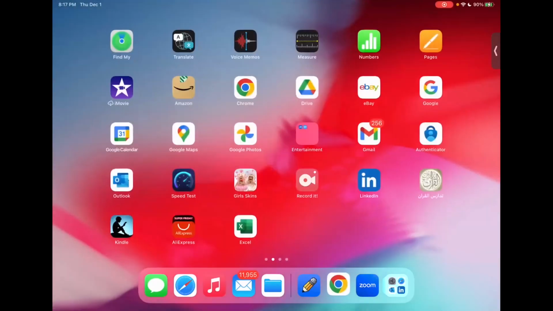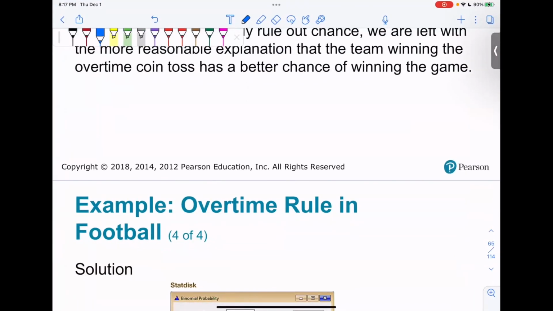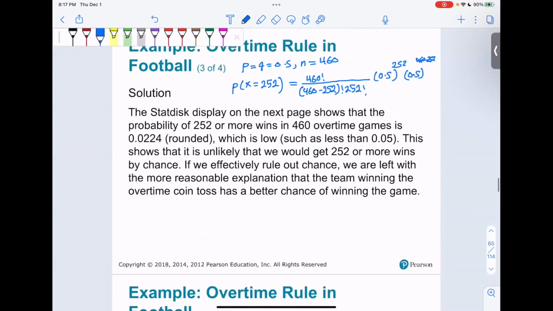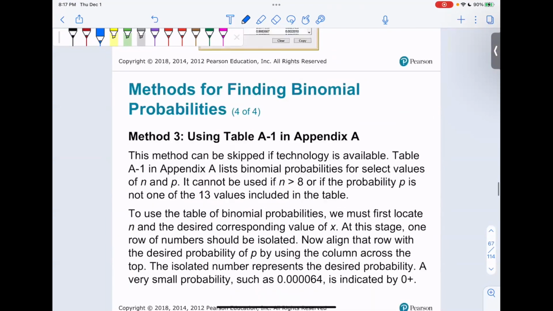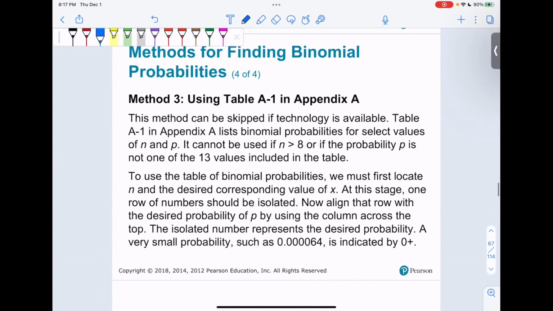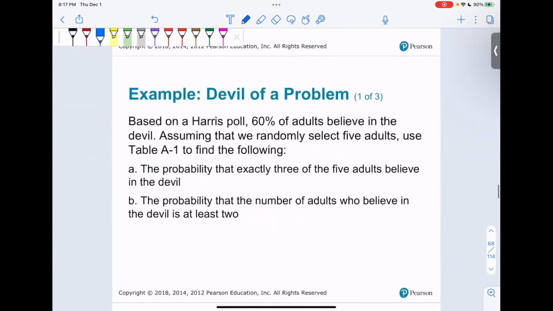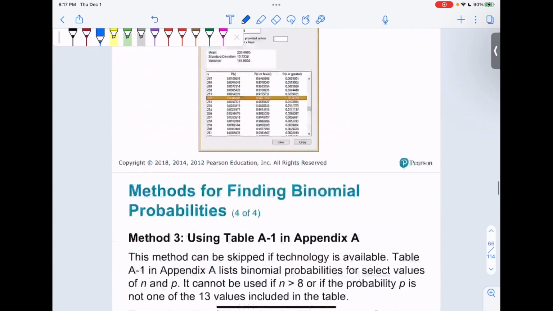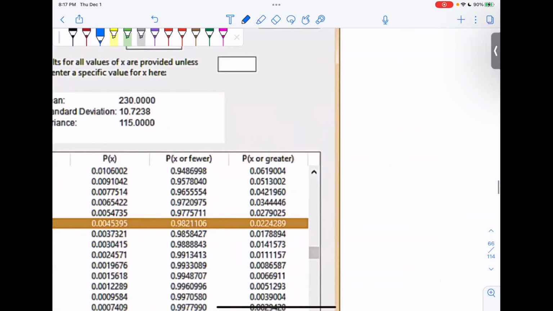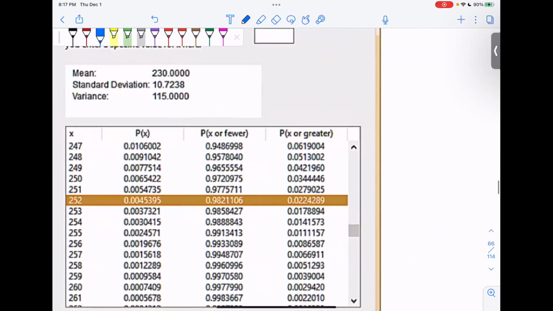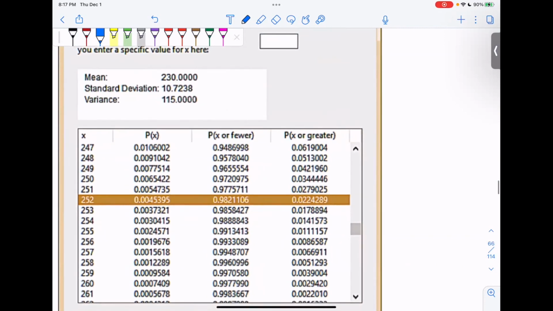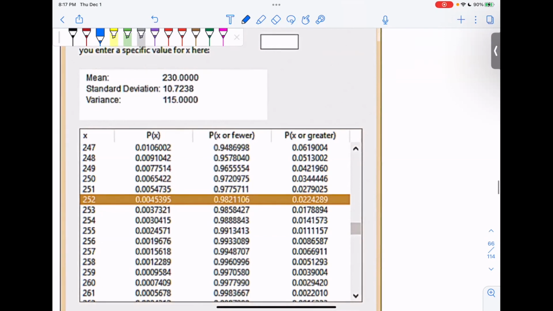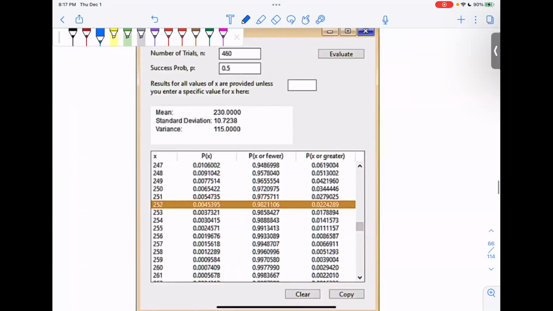So let's go back here. The value is the same as we did, right? 0.224.